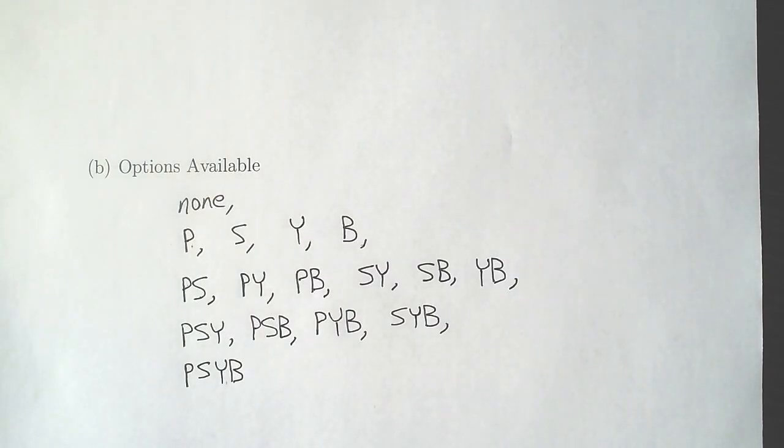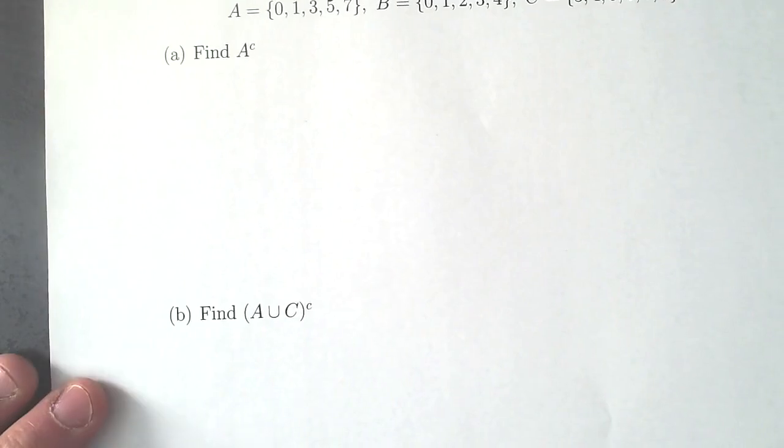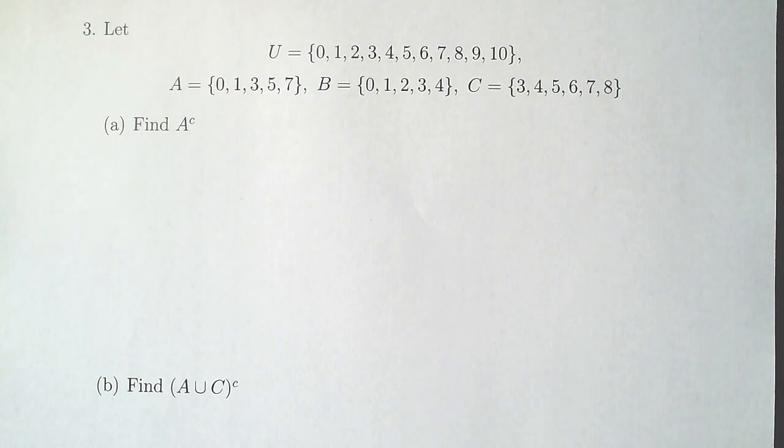Let's take a look at the next page. Number 3, I'll do some of this. I think this type of problem is pretty important. This is from that section that had set operations.